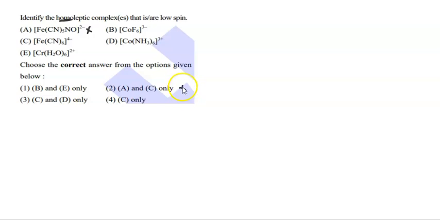From this we can eliminate option 2. Then it should be low spin. For example, CoF6 3 minus, cobalt 3 plus oxidation state, 4s0 3d6 configuration. Fluorine is a weak field ligand, that's why 4 unpaired electrons are there, so it is not a low spin complex.